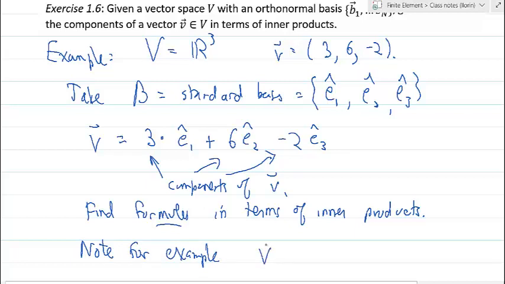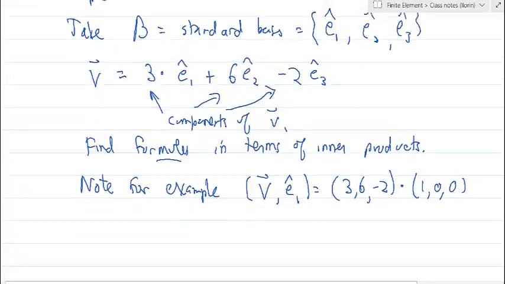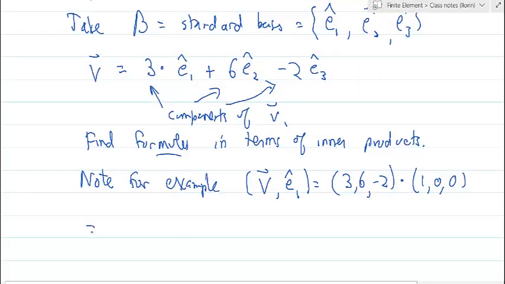if I take the inner product of v with e1, what do I get? Well, that's going to be (3, 6, -2). Now we can write the inner product as a dot product with (1, 0, 0). And so that's equal to 3 times 1 plus 6 times 0 plus -2 times 0.